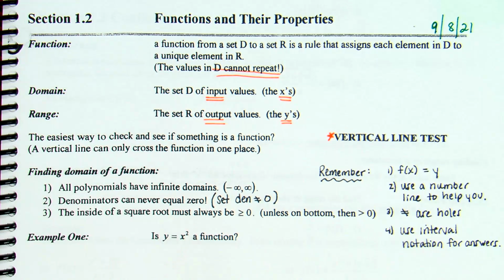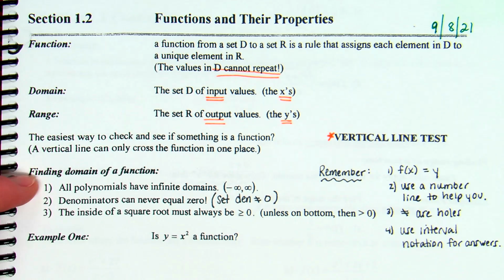That's domain, how far to the sides can it go? Now it says all polynomials have infinite domains. In other words, if a graph is infinitely going up and out or down and out, it's going to keep going left and right infinitely. We'll talk about examples where polynomials just have infinite domains, and that's where you have basic x terms added and subtracted together.